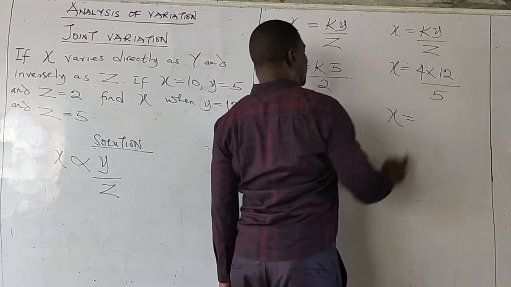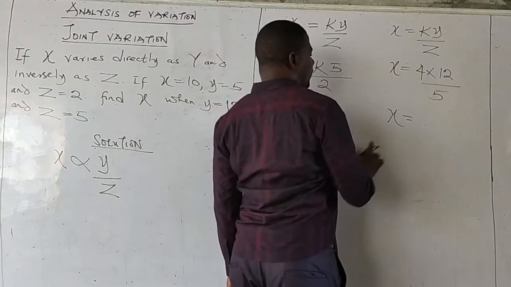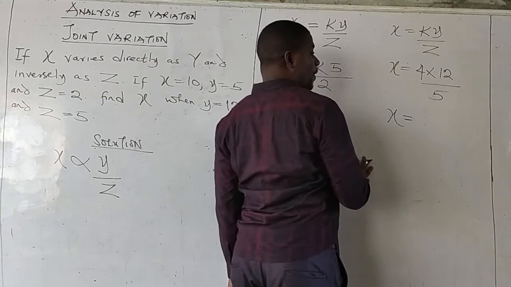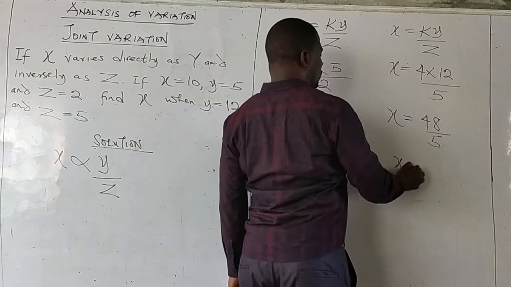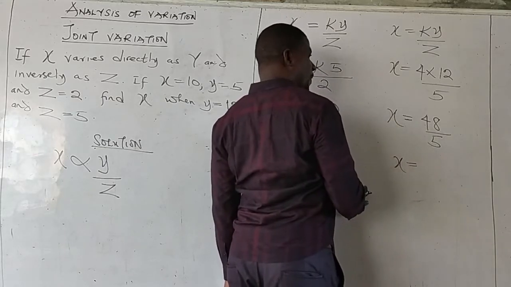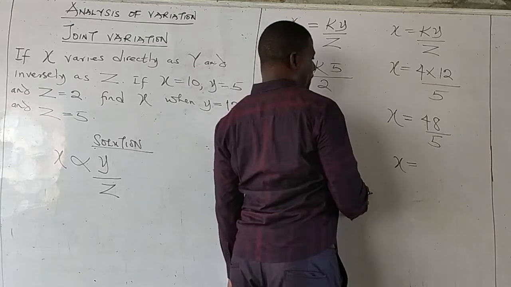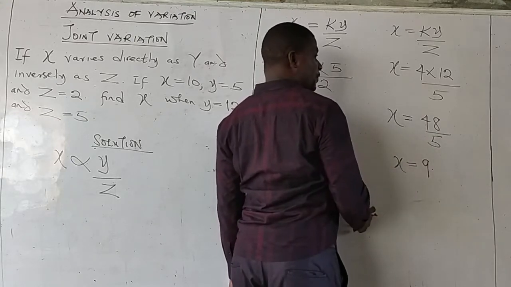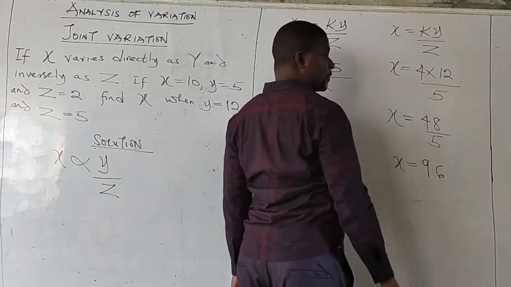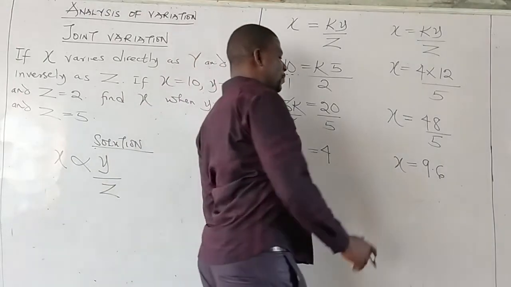So x will now be 4 times 12, which is 48, divided by 5. So what would that give us? 9.6.